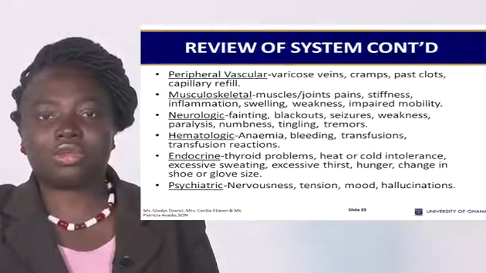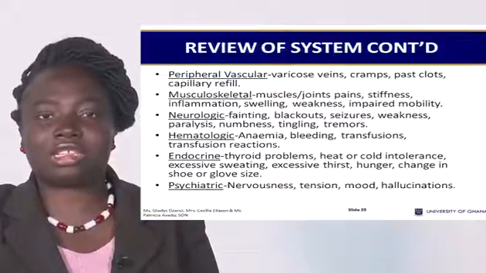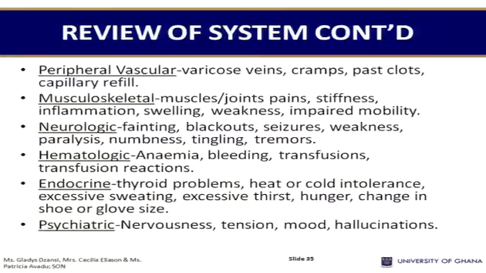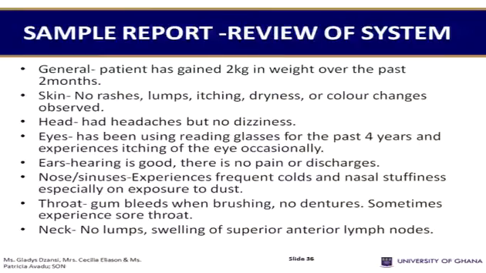Then you obtain information related to the psychiatric history of the patient, and you want to ask the patient if he has been experiencing nervousness, tension, mood changes, or hearing voices or seeing things that others do not see. So this is a sample of a report that you obtain if you do a review of systems of your patient.